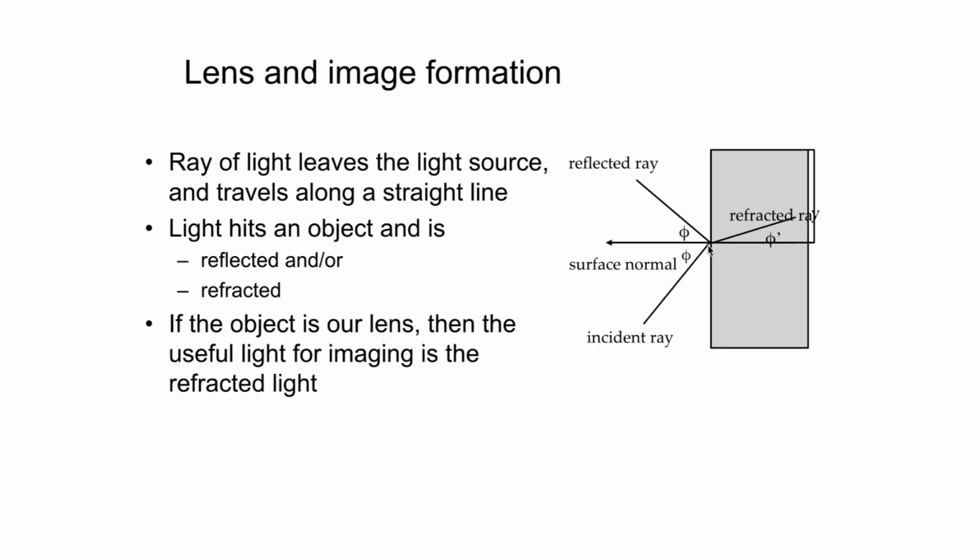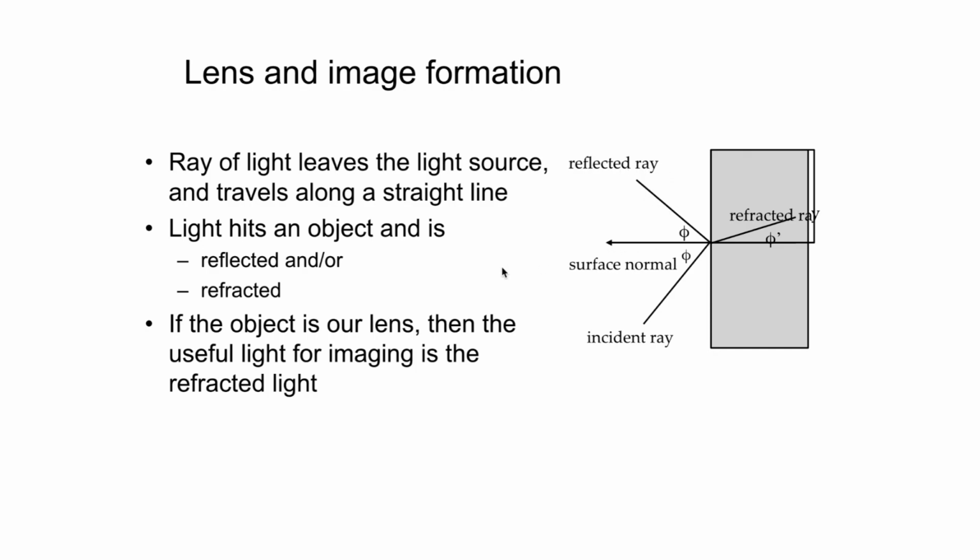Depending on the nature of the object being hit by that light, it might refract or reflect. When the object being hit is transparent, like a lens, the incident ray will be refracted and become the refracted ray. But when it hits translucent or opaque objects, it gets reflected back and creates a reflected ray.